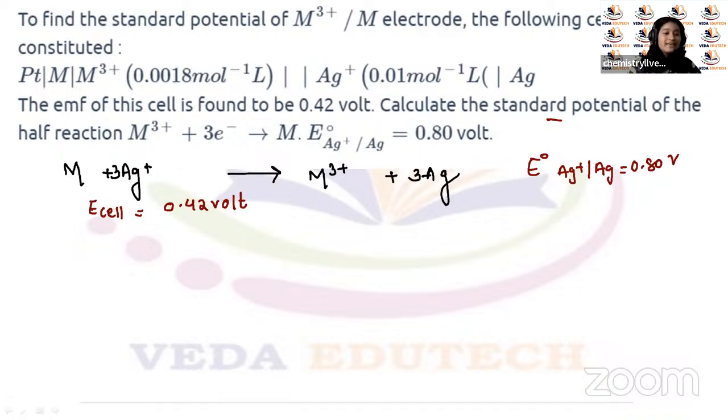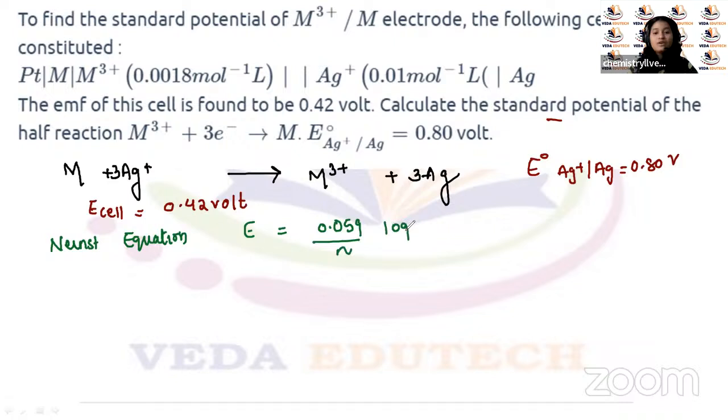So for E cell, which equation are we going to use, children? Because we are relating this with E cell, this is going to be the Nernst equation, where E is equal to 0.059 by n log of the concentration of M3+ divided by the concentration of Ag+ to the power 3, because the coefficient is 3.